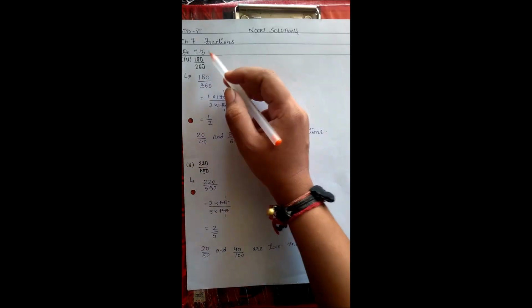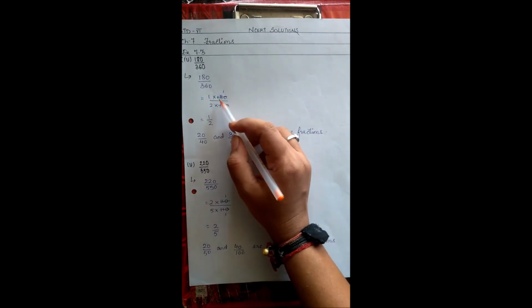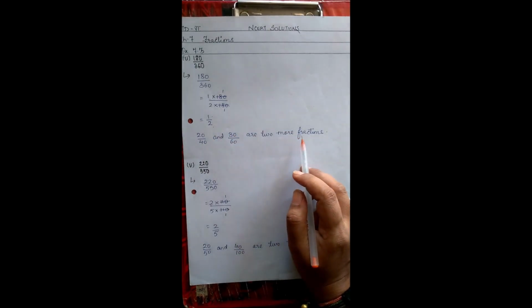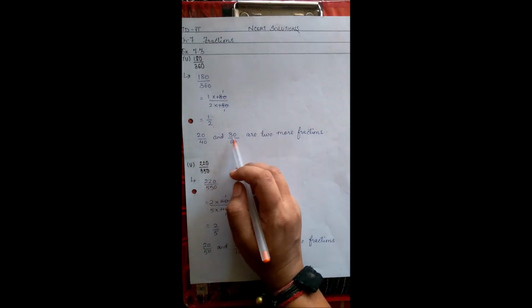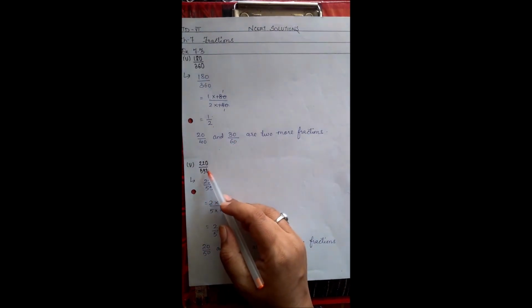Next, 180 upon 360. 1 into 180 and 2 into 180. 180 will cut. The remaining fraction is 1 by 2, and the remaining two fractions are 2 upon 40 and 30 upon 60. 240 and 550.